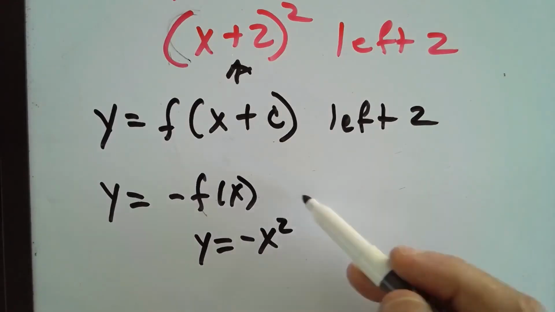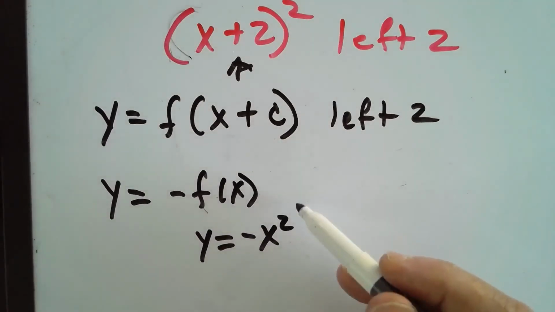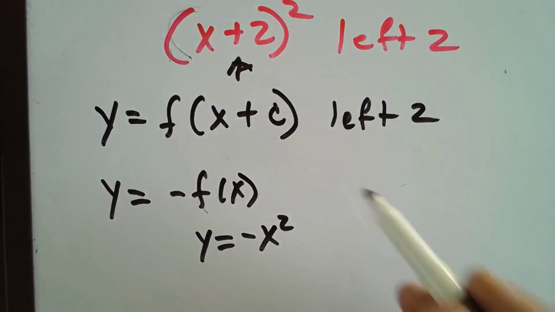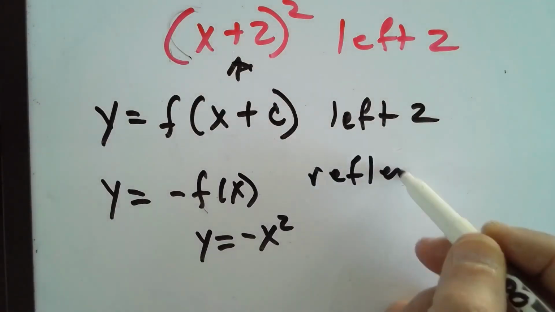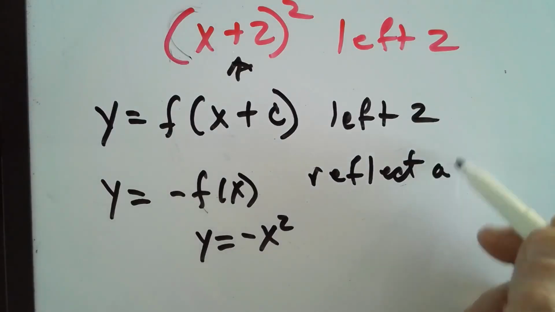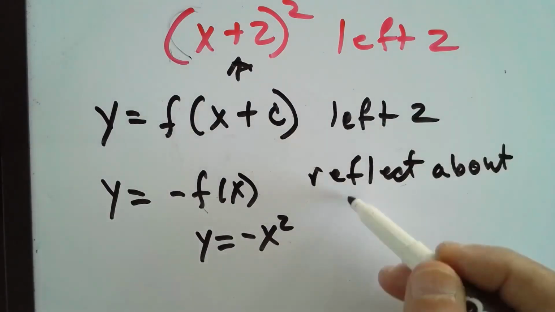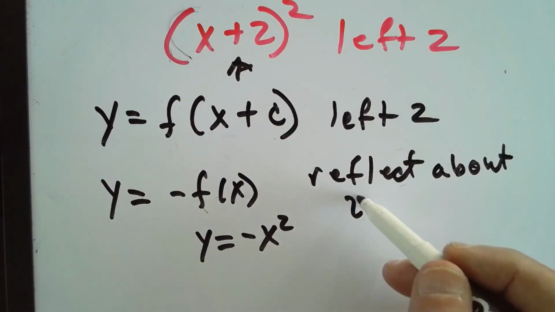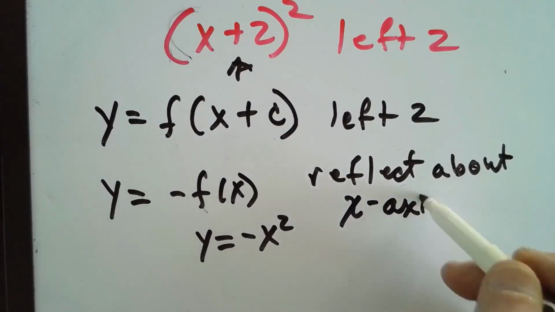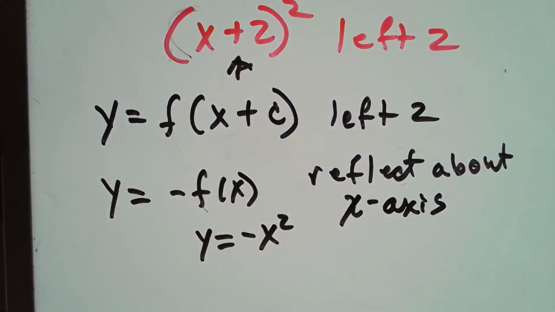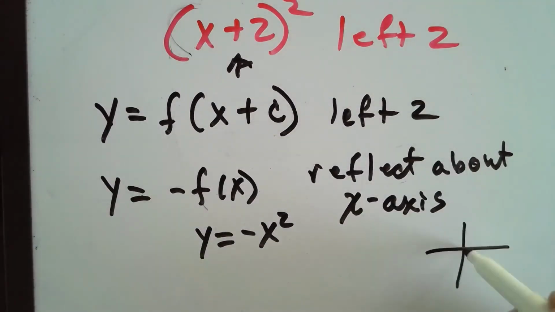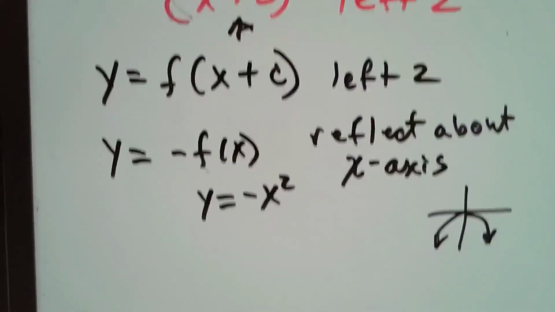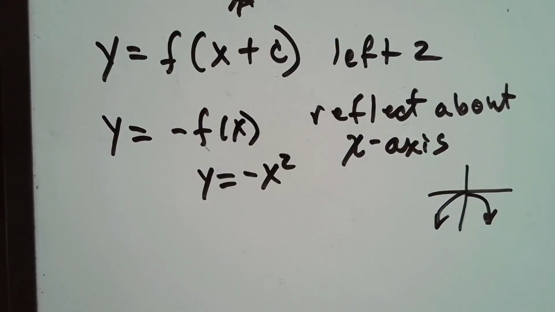What's that going to do? It's going to flip or reflect it, right? About which axis? The x axis. That is correct. Okay. So instead of opening up, now our graph opens down, right? It flips it.